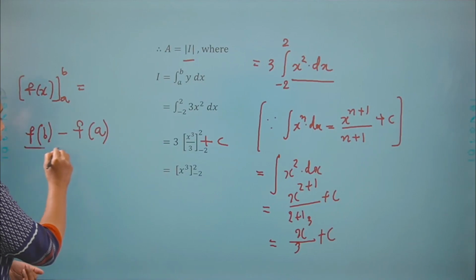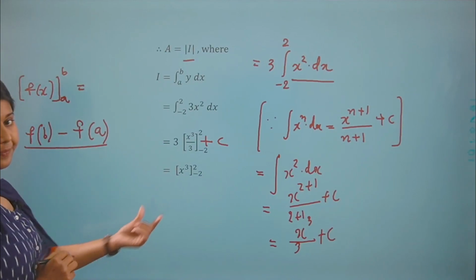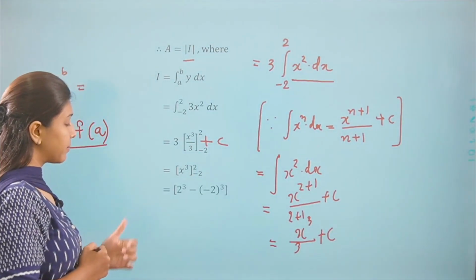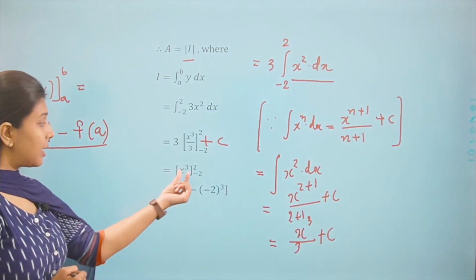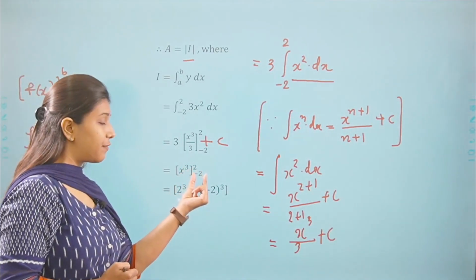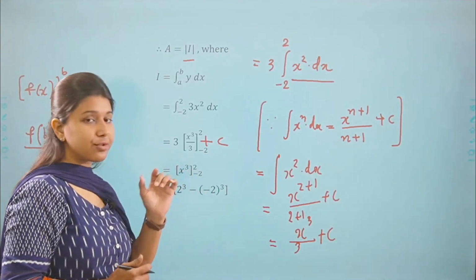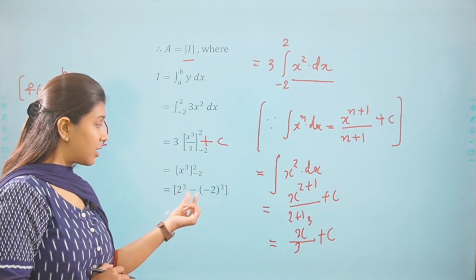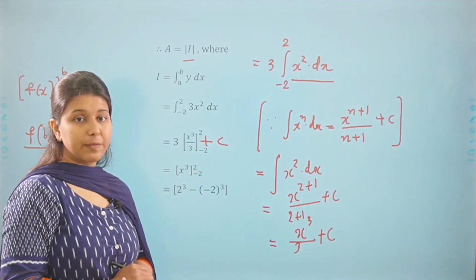So you can use this formula here. That means upper limit of your function is 2 and lower limit of your function is minus 2. Putting both the terms, we have 2 cube minus minus 2 cube.